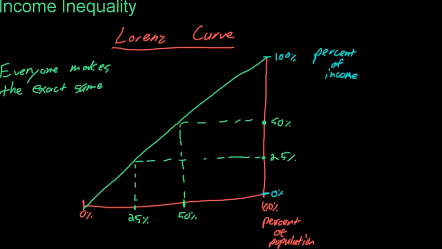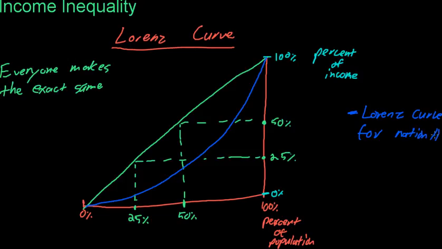So now in reality, we always actually have a curve that looks something like this. And you know what, I'm going to redraw that because I want this to actually look good. So in blue, we're going to have the Lorenz curve for nation A. And you know what, rather than nation A, we'll say for the USA.